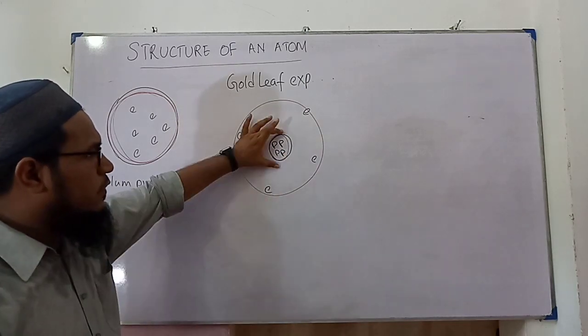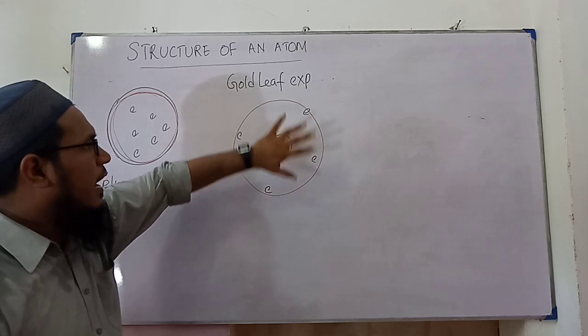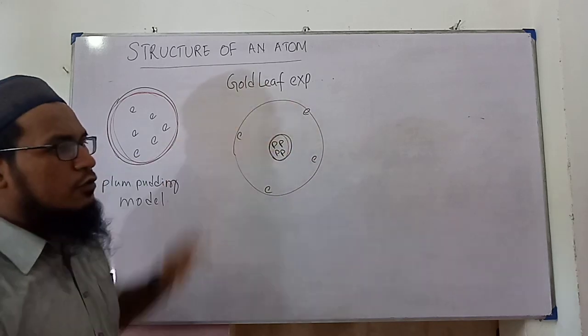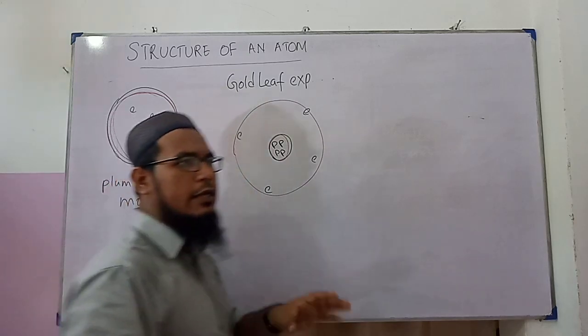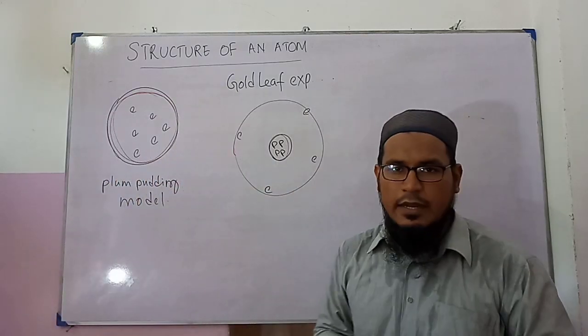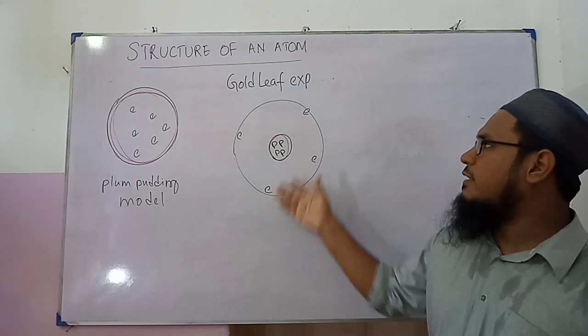This center part was considered the nucleus and this is the outermost part. And according to him, around 97 to 99% of an atom is made up of empty space.